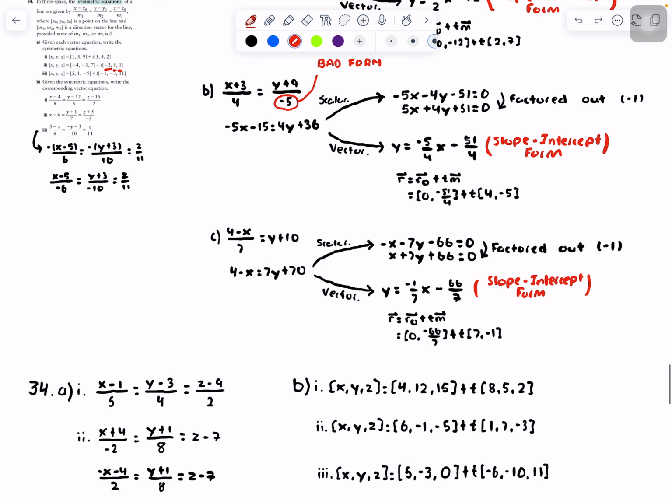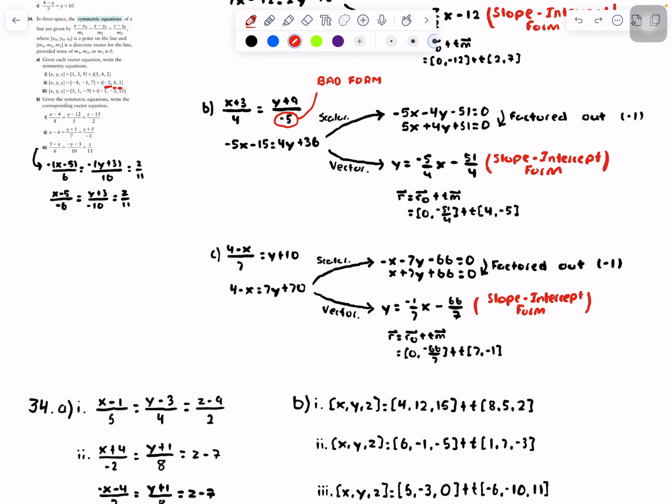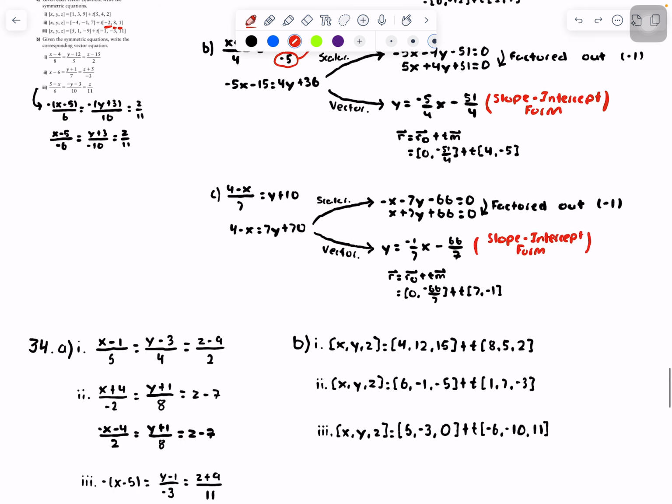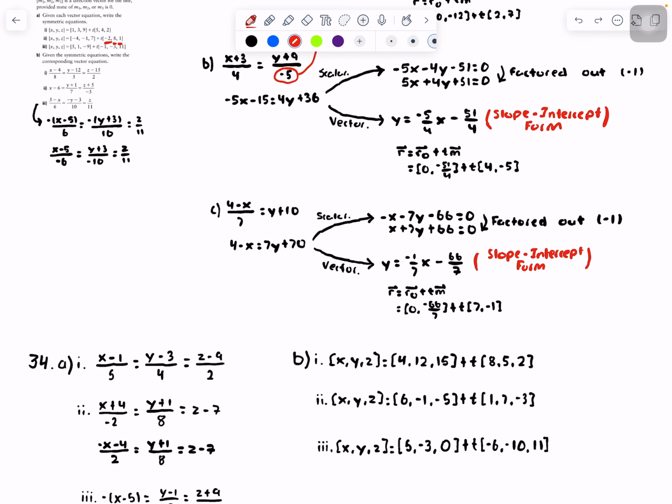Okay, question 34b asks us, given the symmetric equations, write the corresponding vector equation. So now I do the procedure in reverse. So x minus 4 divided by 8. I know the x component of my position vector will be 4. The x component of my direction vector will be 8.